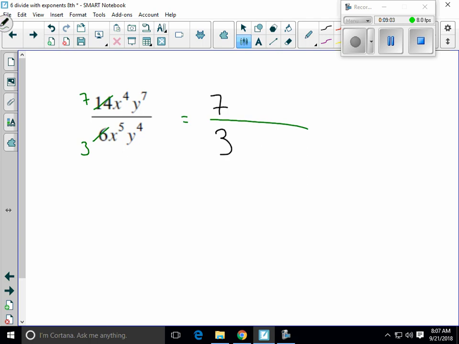When I'm looking at the x terms, x to the fourth over x to the fifth, so those have like bases. I have more x's in the denominator, and when I subtract the exponents, 5 minus 4, I get 1. For the y terms, I have y to the seventh over y to the fourth, so I have more y's in the numerator. Okay, put my y in the numerator, and then 7 minus 4 is 3.